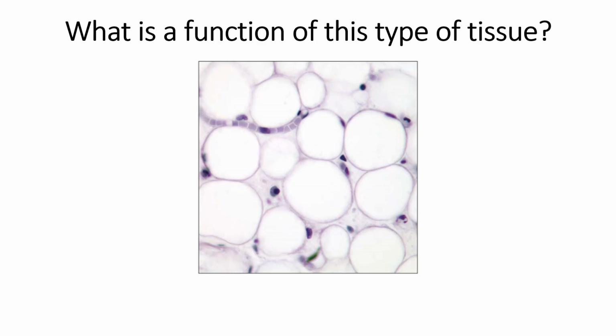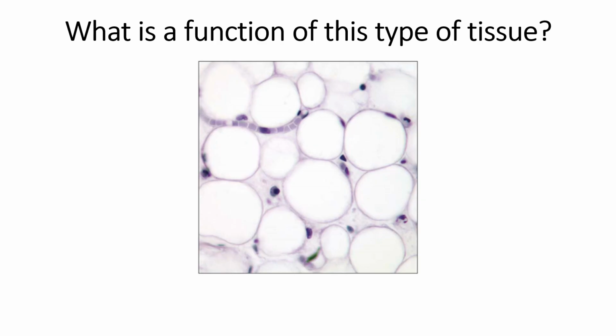If it was areolar, we would see some fibers, not a lot, but some. So it's not areolar. Is it reticular? Again, we don't see any fibers. If it was reticular, we would see a few. So then it has to be adipose. Connective tissue proper, loose, adipose.